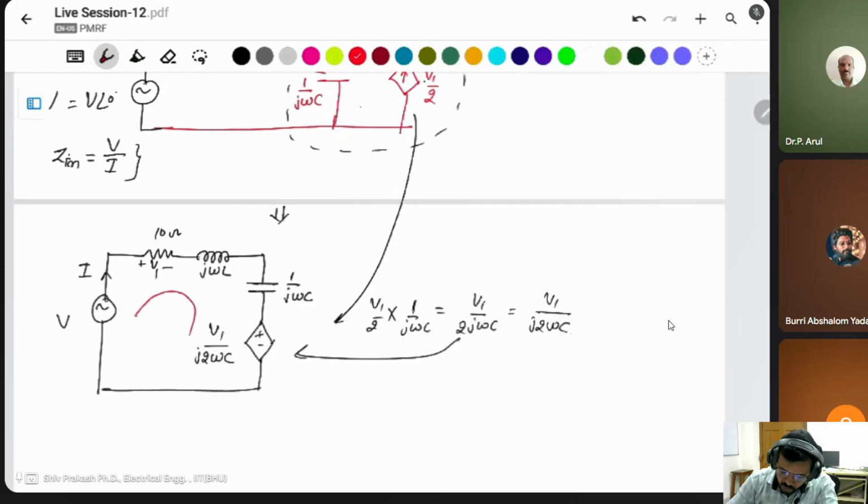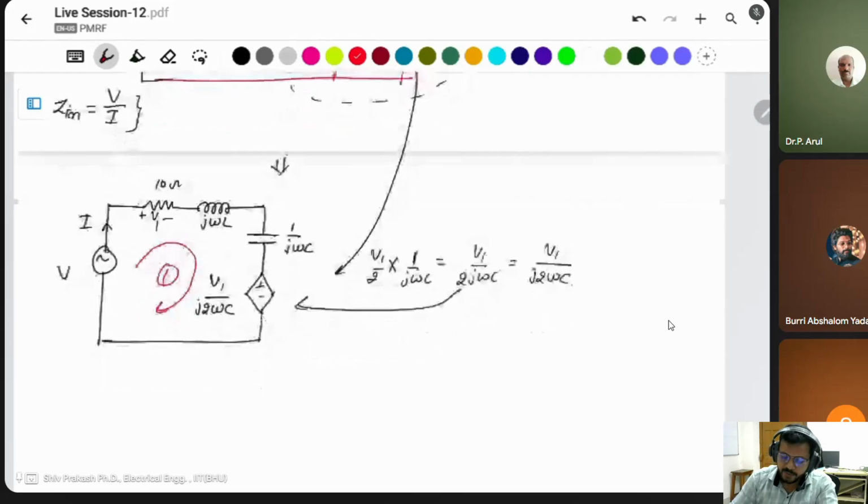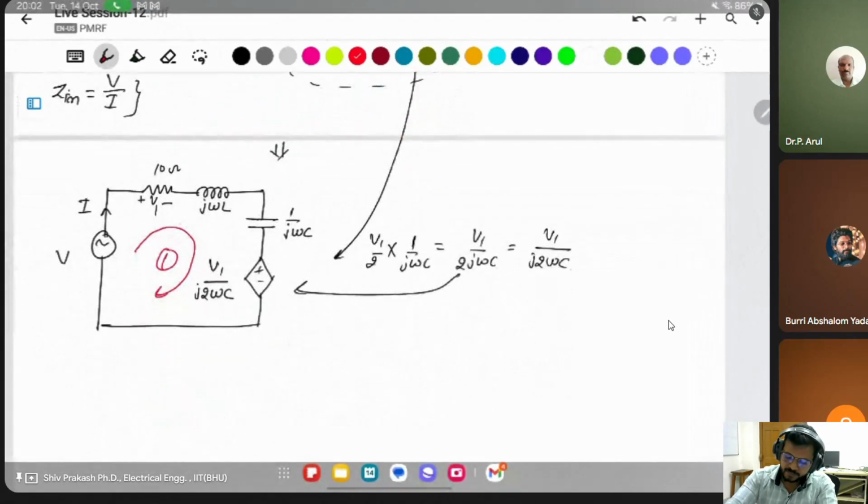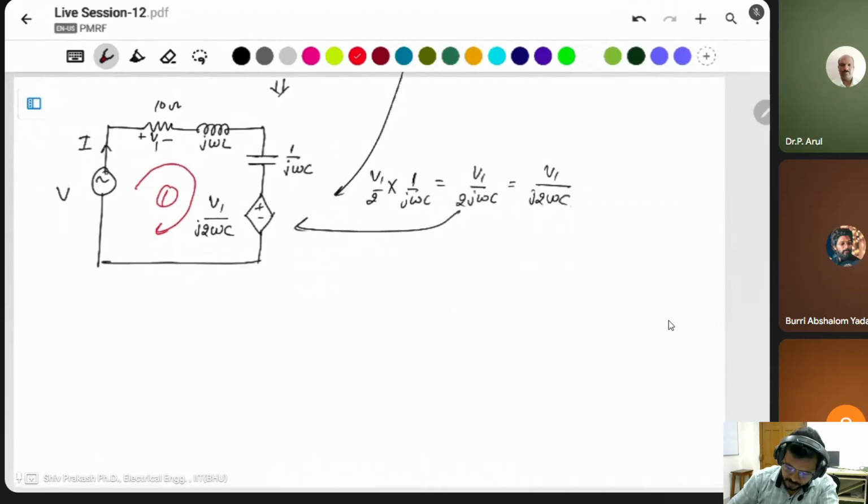Then simply use loop 1 and apply KVL. KVL in loop 1, I started from here.